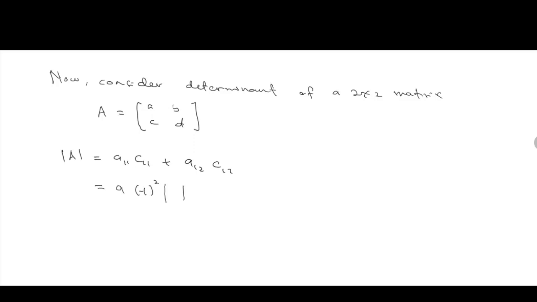When we delete the first row, the first column, we are left with d. So plus A12, A12 is b, multiplied by the cofactor of 1, 2, so negative 1 to the power of 3 multiplied by the determinant of the matrix when we delete the first row and the second column. So that is c. So here, when we simplify, we have a times d minus bc.